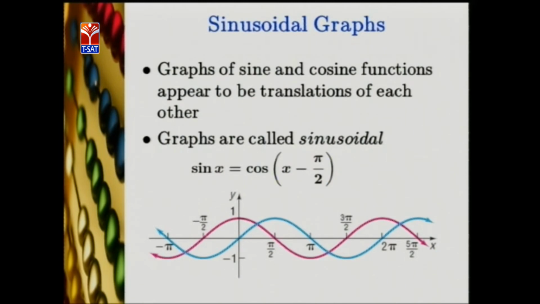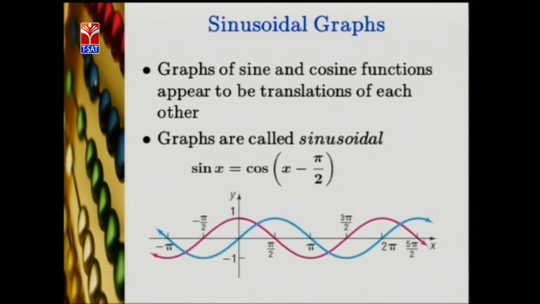How? Pi by 2 is an odd multiple, so when the value is an odd multiple, we should change the function. Here the function is cos, so cos is changed to sin, and it becomes sin x.